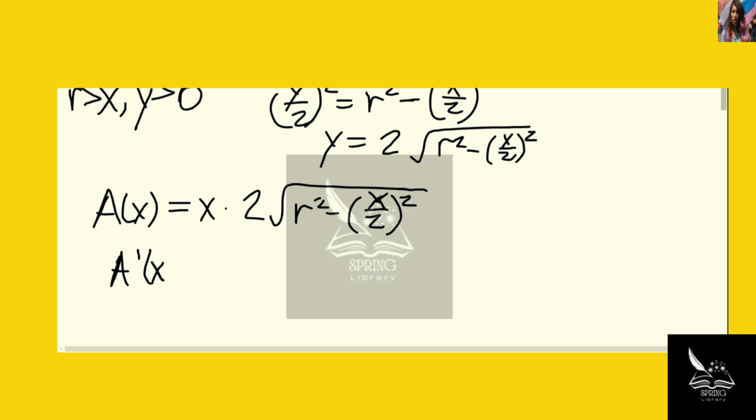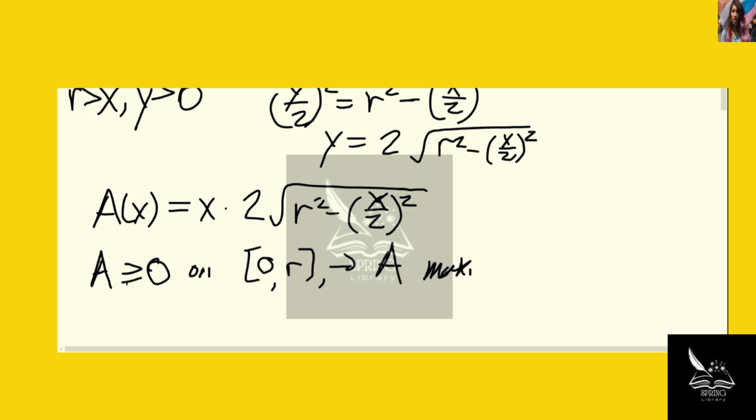Before we even do that actually, notice that A is of course always greater than or equal to 0 on 0 to r, and that A therefore has a maximum when the function f, which is A squared, is maximized.